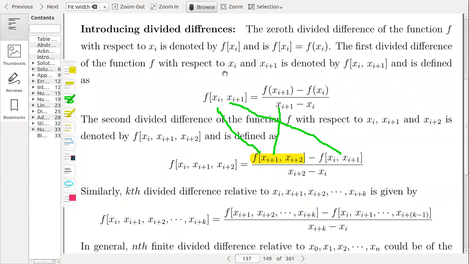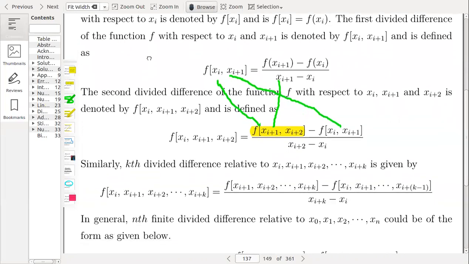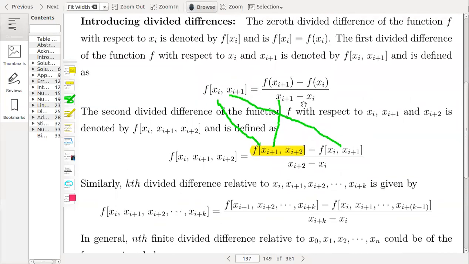The first divided difference of the function f with respect to xi and xi plus 1 is denoted by f[xi, xi+1] and is defined as f[xi, xi+1] = (f(xi+1) minus f(xi)) divided by (xi+1 minus xi).